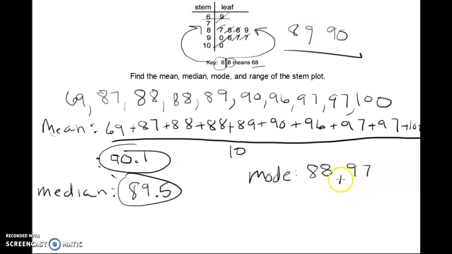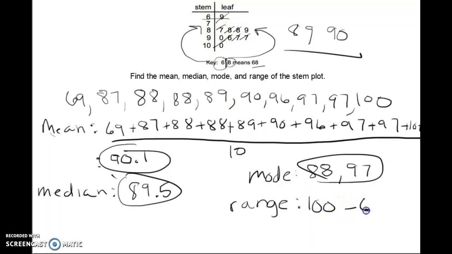Okay, and then our range is our high minus low. So our high in this case is 100 and our low is 69. So we're going to do 100 minus 69. That's going to be our range, and that will give us 31.